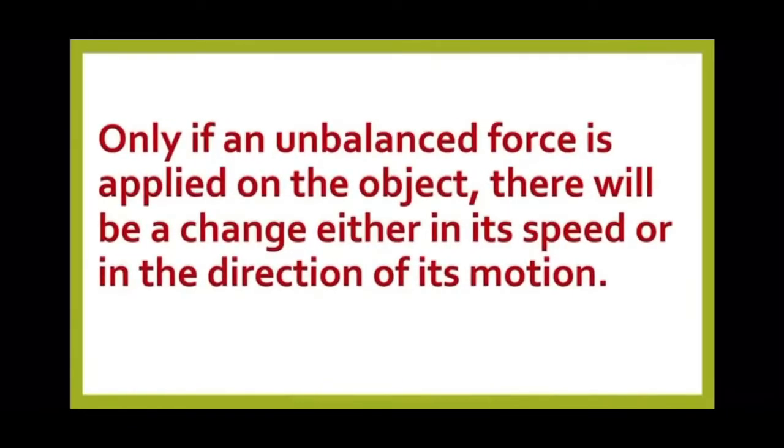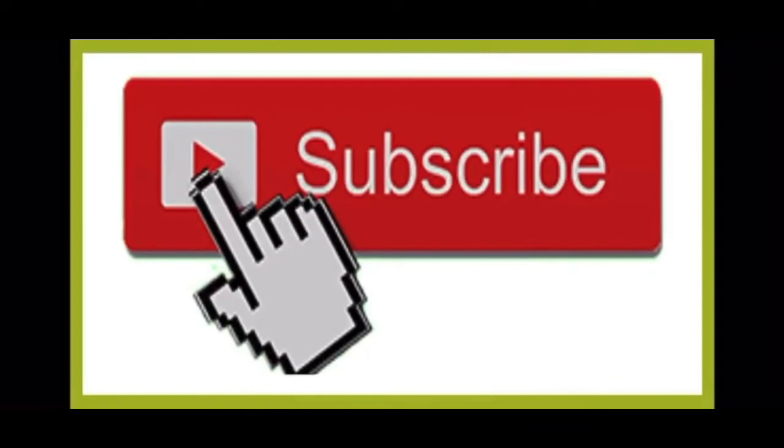So we can conclude that only if an unbalanced force is applied on the object, there will be a change either in its speed or in the direction of its motion. In the next class, we will study the 3 laws of motion.